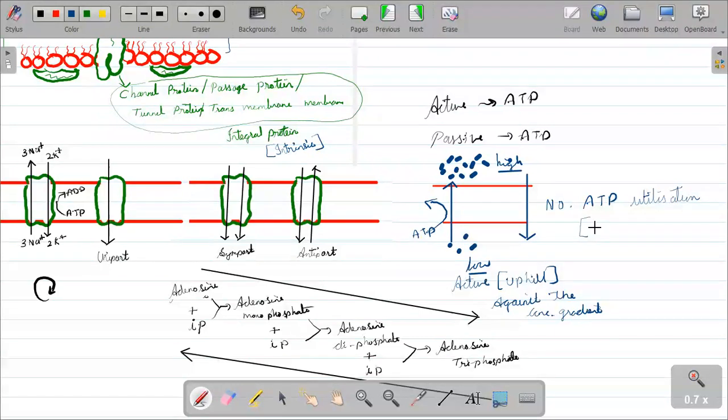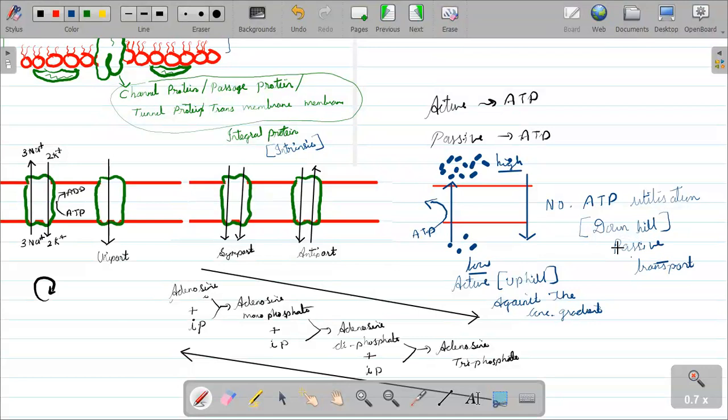This is called downhill movement. The molecules are coming down without any expenditure of energy. So this is called passive transport. So whether ATP is utilized or not is all about from where to where the molecules move, whether from higher concentration to lower concentration or from lower concentration to higher concentration. Got it?